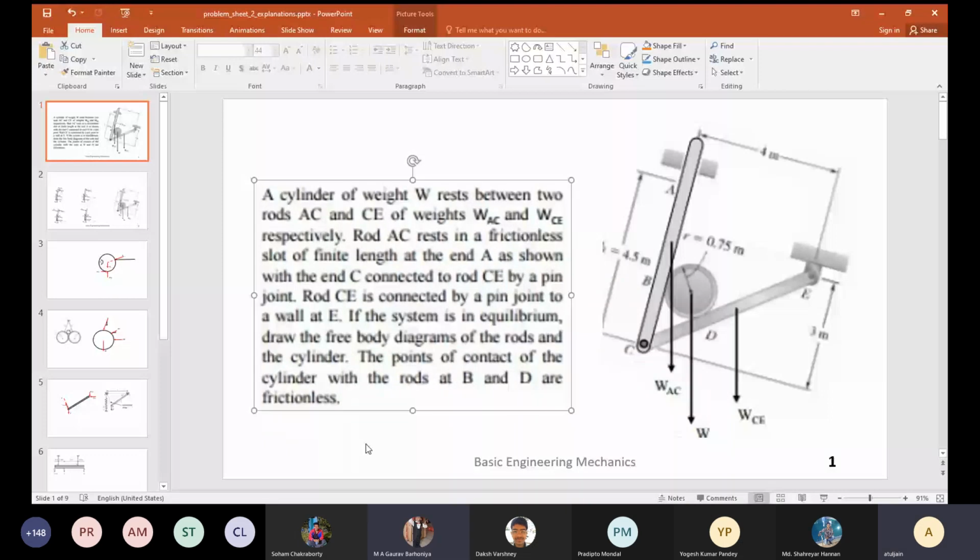If you don't understand the language, or if there is any question about this question, then let me know. First, read it carefully.